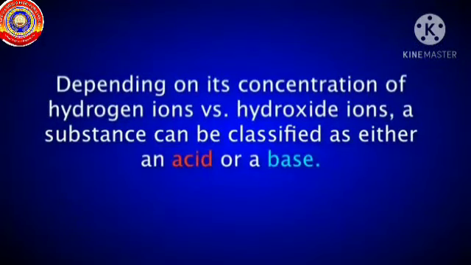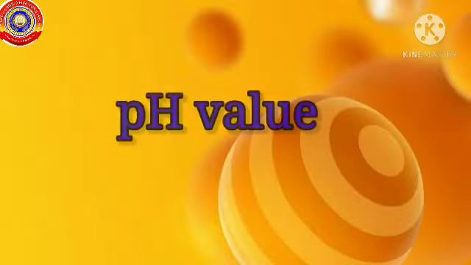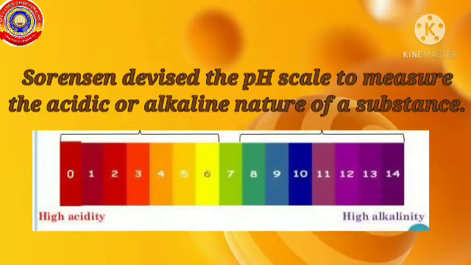In order to identify whether a substance is acidic or alkaline in nature, a scientific method, pH, is used. pH refers to the potential or the strength of hydrogen ions in a solution. The Danish scientist Sorensen devised the pH scale to measure the acidic or alkaline nature of a substance.